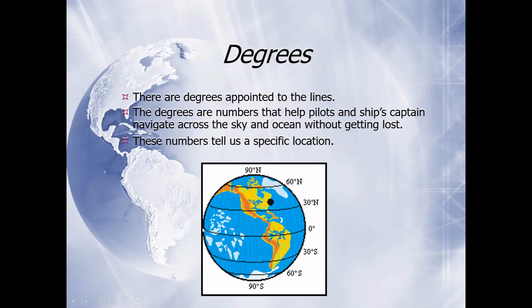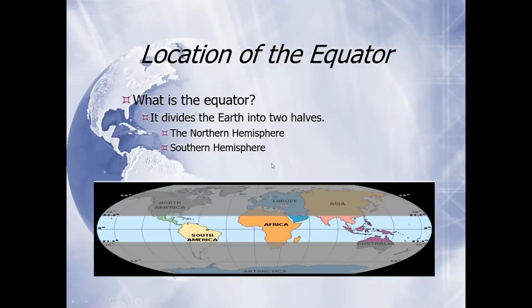The line in the middle is known to be 0 degrees, and at the poles, the angles become 90 degrees south and 90 degrees north.